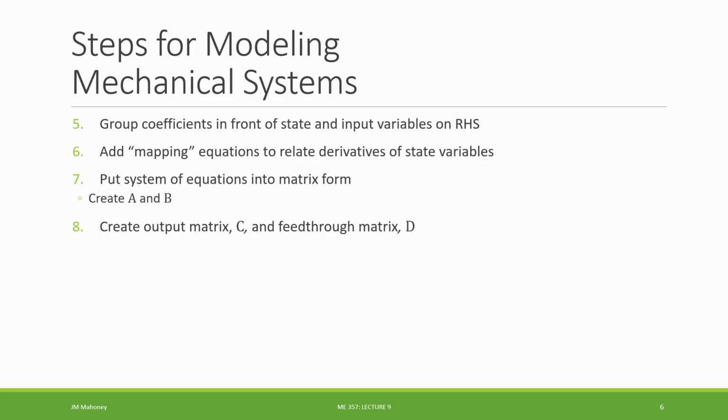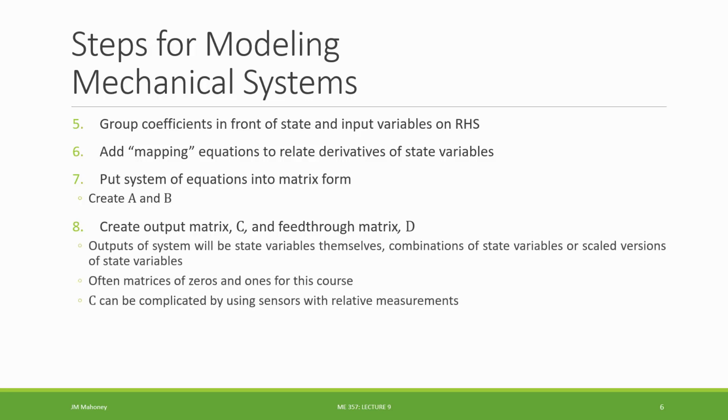So we're going to keep it pretty simple for this course and say that we are tracking directly the different states using sensors that directly track, let's say, positions or velocities. So usually the C matrix will be made of only ones and zeros, but that's only going to be true in this course, not in general.